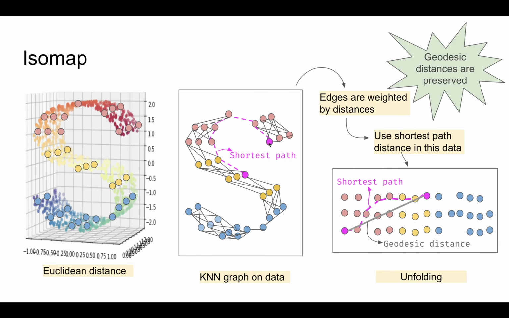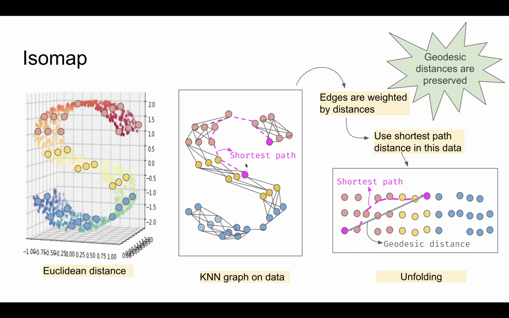and then using that KNN graph, a shortest path is found between data points, and that is used to embed or unfold the manifold into a low dimensional space such as shown here.